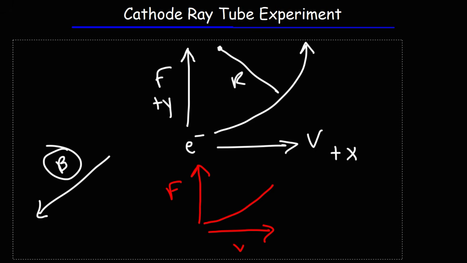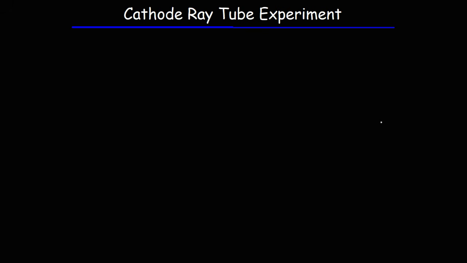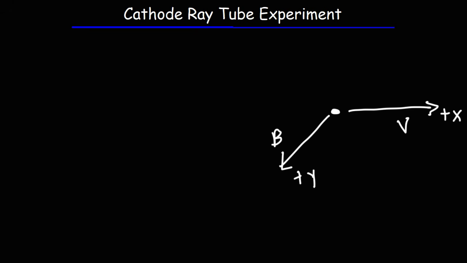So let me make a new drawing with this. So let's say this point represents the electron. It's moving towards the right, so it has a velocity component in the positive x direction. The magnetic field is represented by the symbol B, and it's going to be in a positive y direction from a 3D perspective.